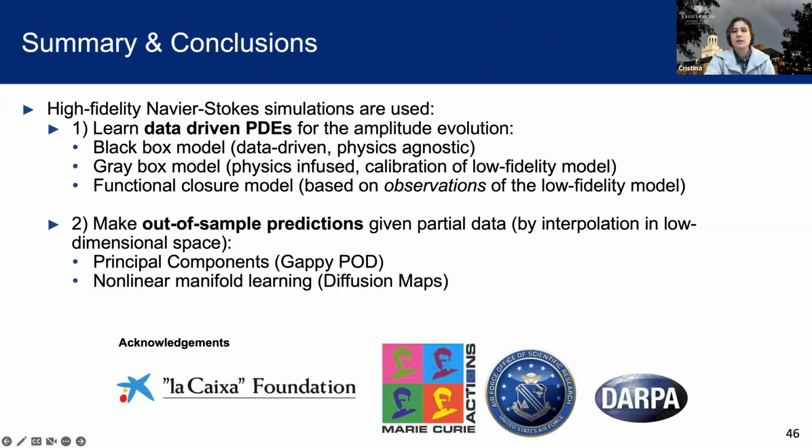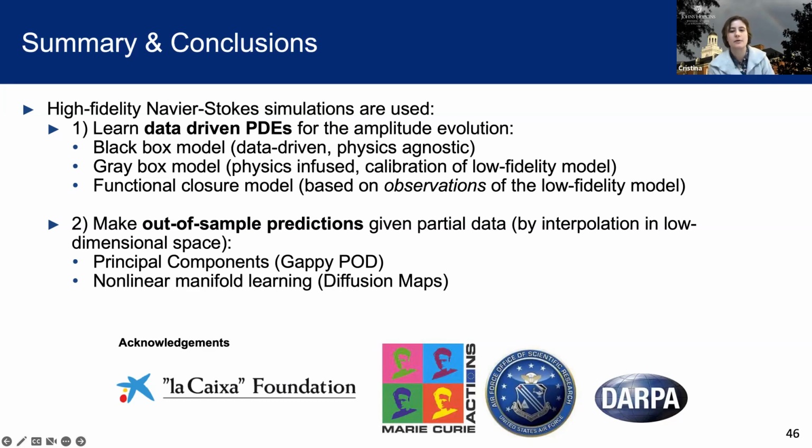And so now the conclusions of the paper to finalize. We use high fidelity Navier-Stokes simulations for 2 purposes. Firstly, we learn data-driven PDEs to predict the amplitude of the wave from observed Navier-Stokes data over a range of Reynolds numbers using 3 different methods.